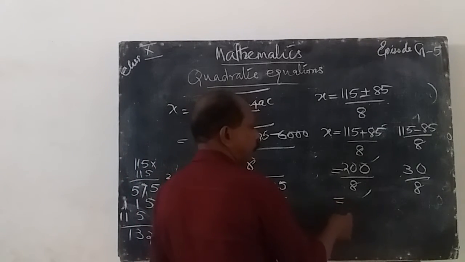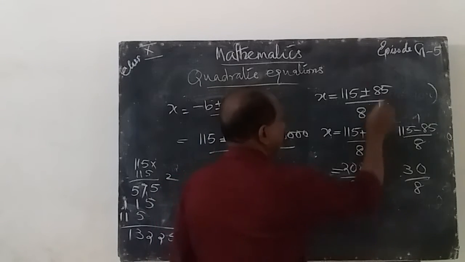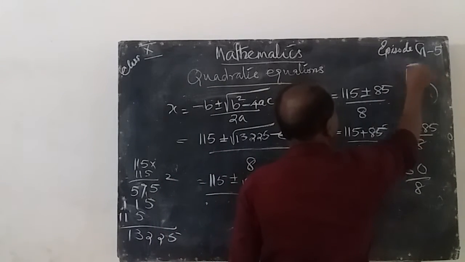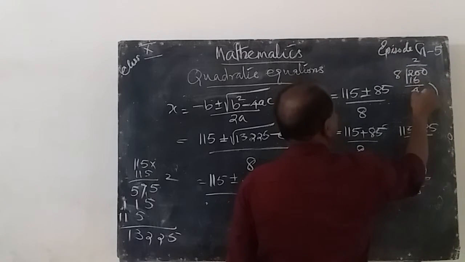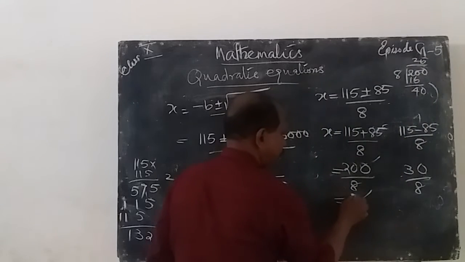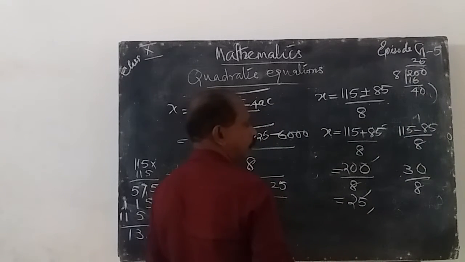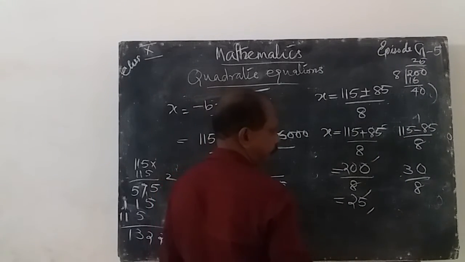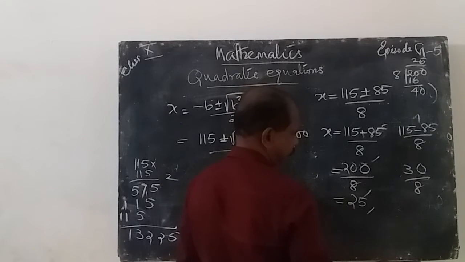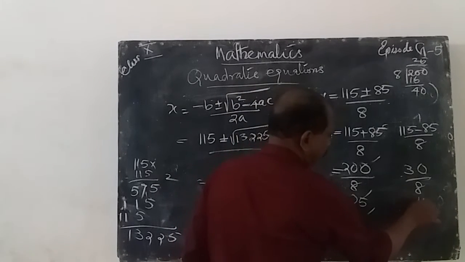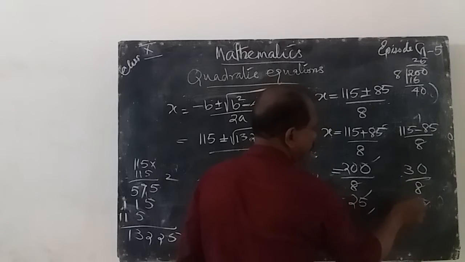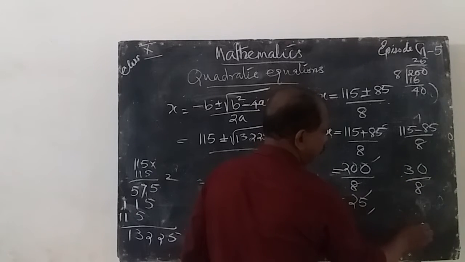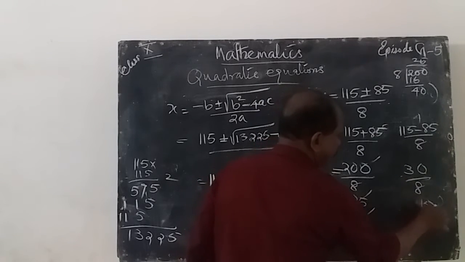That is 200 by 8, 8 into 25, that is 25, comma 15 by 4.